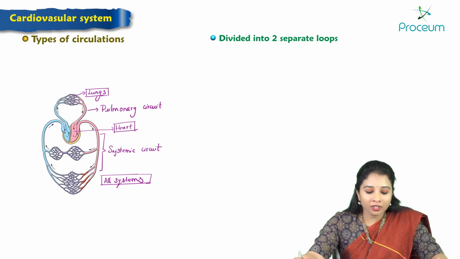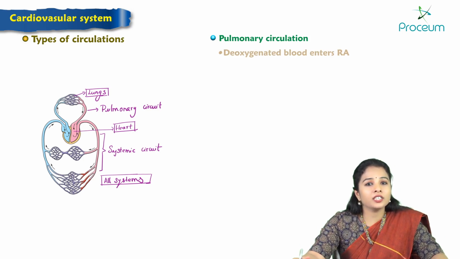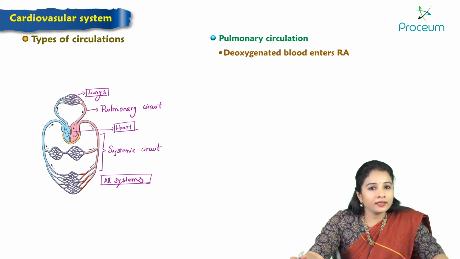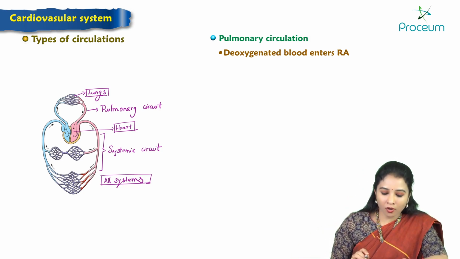Let's talk about this pulmonary circuit or pulmonary circulation. The deoxygenated blood enters the right atrium of the heart. The right atrium is the collecting chamber of the heart.